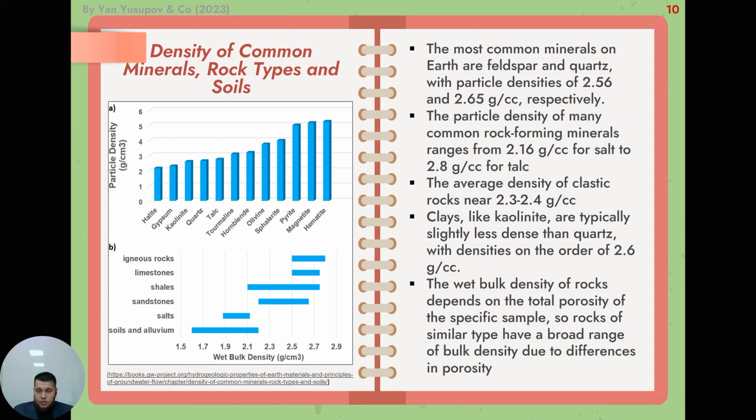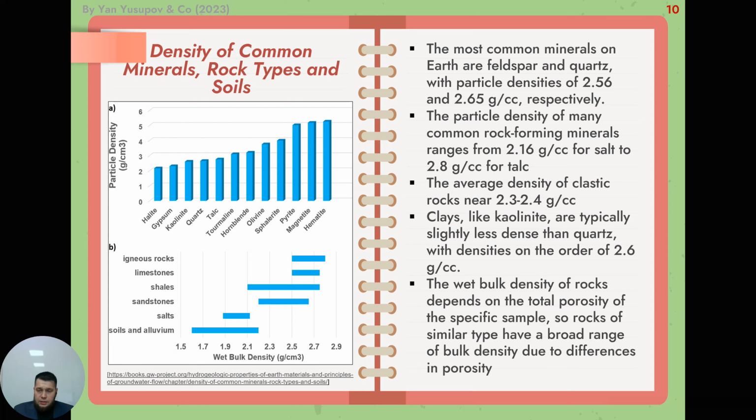The average density of clastic rock, the most interesting for us now, is near 2.3 to 2.4 grams per cubic centimeter. Clays like kaolinite are typically slightly denser than quartz, with densities on the order of 2.6 grams per cubic centimeter.